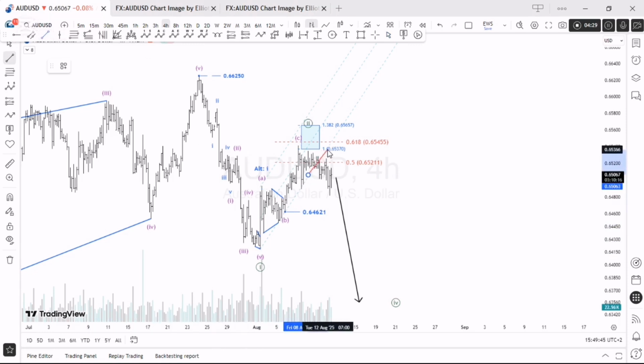Right about there, we have tagged this 50 level and came closer to tagging this 61.8. Also at that level, our wave C, this guy right here, was equal to our wave A right here.